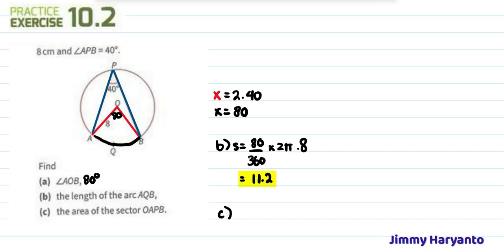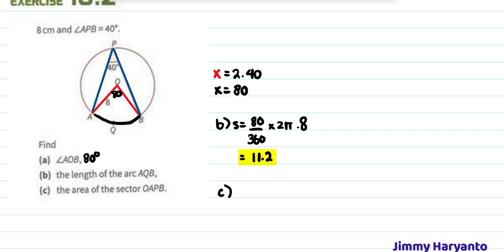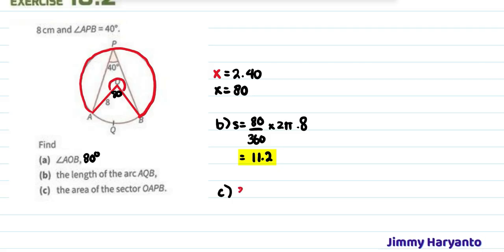For part C, the area of sector OAPB. Be careful with this one because the question wants you to find the area of sector OAPB. That means this one. We cannot use the angle of 80, but instead 360 minus 80 first, so you'll have 280 degrees for the angle.